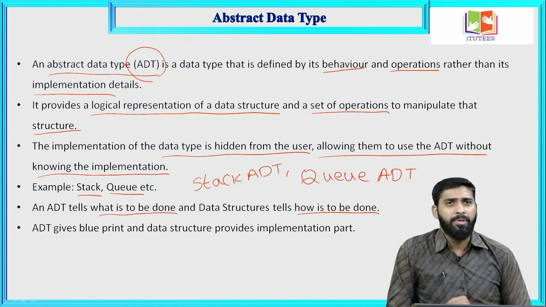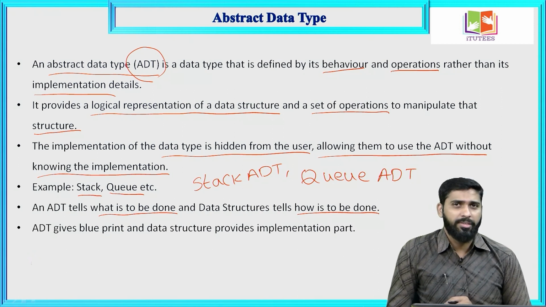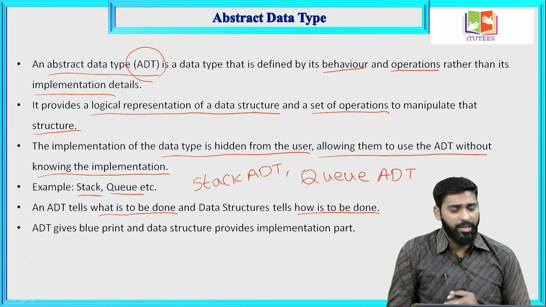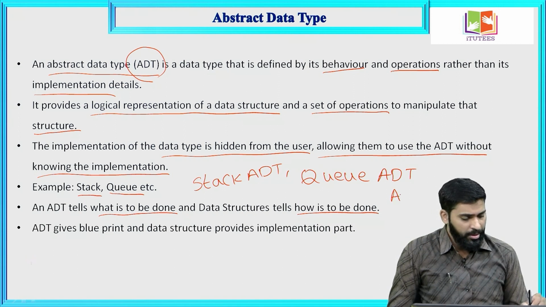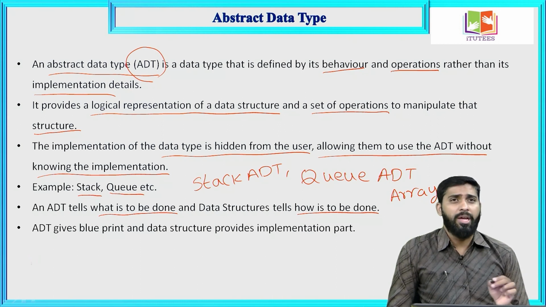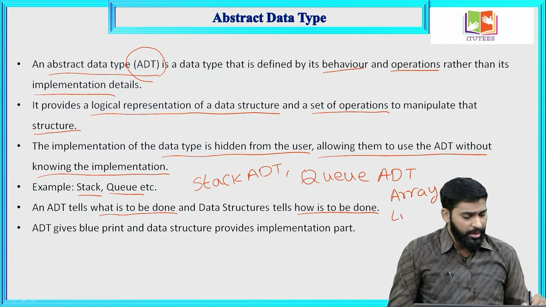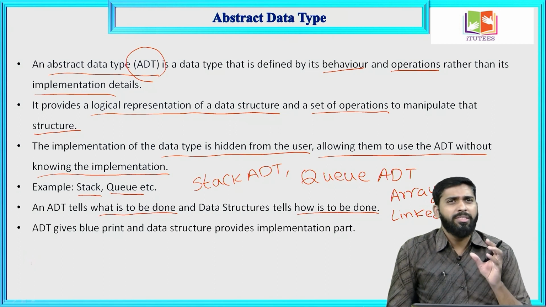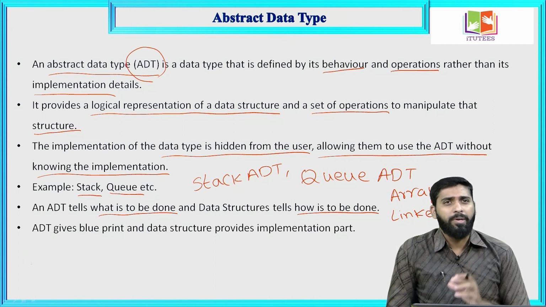For example, in future classes we are going to learn about stack data structure and queue data structure. Now we are going to implement this stack ADT using an array, or we are going to implement the same stack using a linked list. The ADT tells what is to be done. That means the stack has some properties that we call a stack ADT.